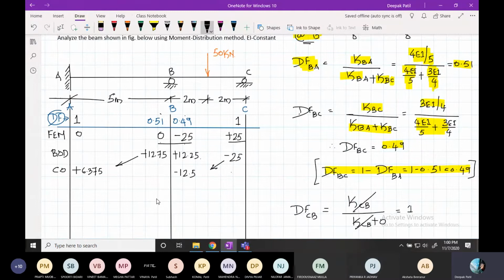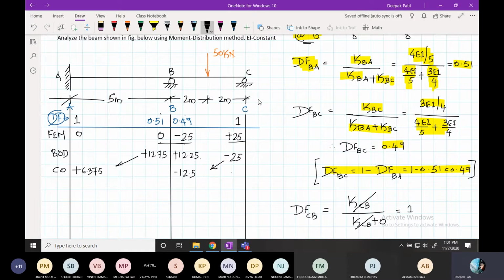I will tell the answer. It is no. You should not carry over from B to C. I will tell you the rule, why you should not actually carry over from B to C. If you see the support C, C is a roller support and C is an end support.